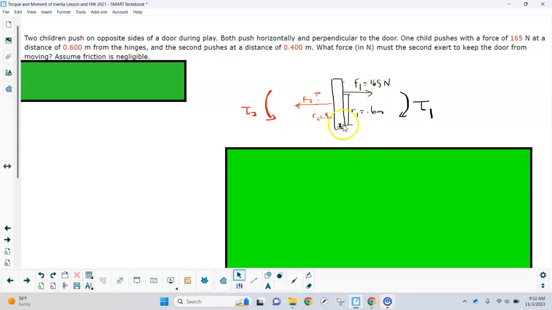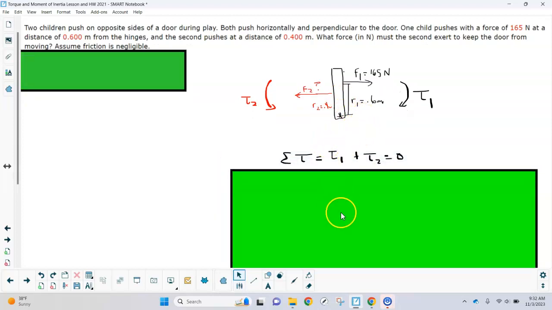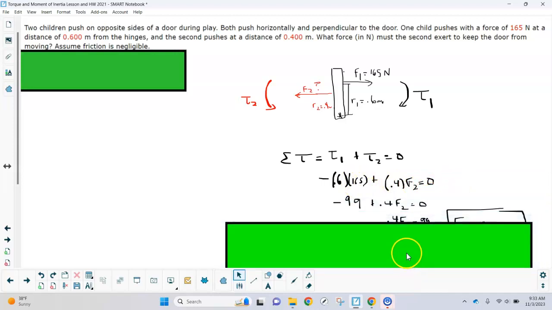And again, it's just doing the two torques added together equals 0. So torque 1 plus torque 2 equals 0. For torque 1, they're both 90 degrees again, so it's negative for this one because it's going clockwise. 0.6 times 165, and that's plus 0.4 times F2, and we get 0. So I'm going to move that to the other side. It becomes positive.